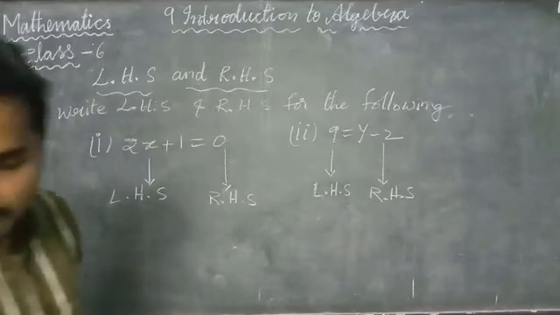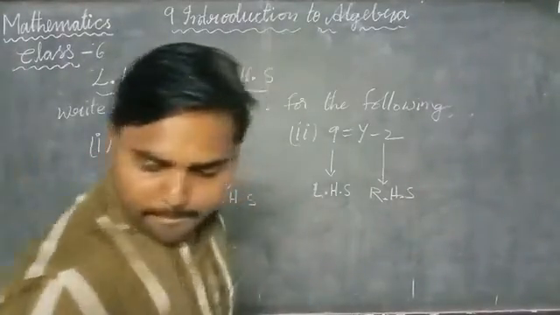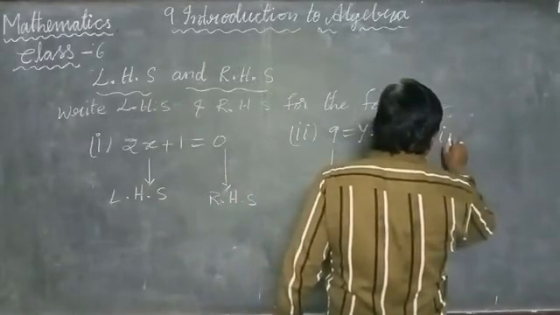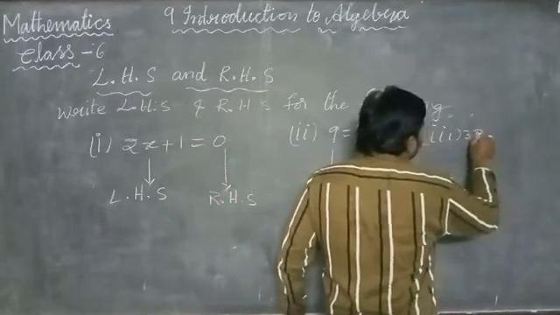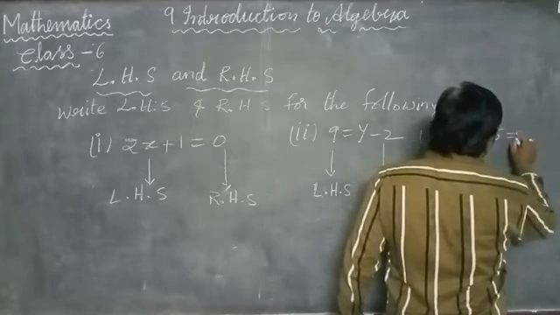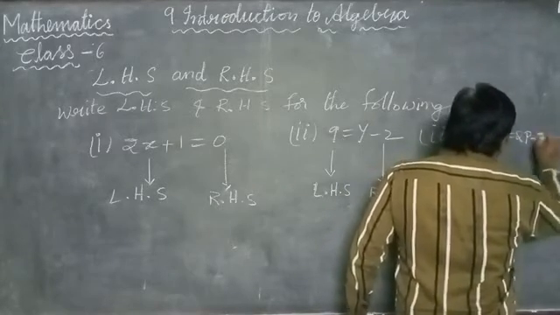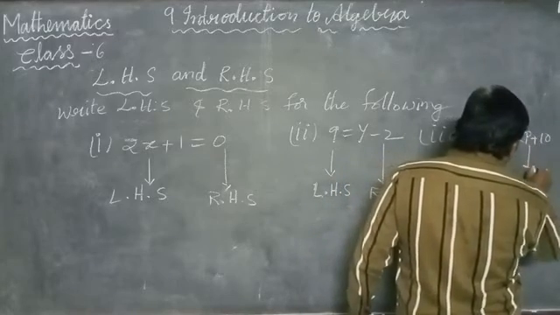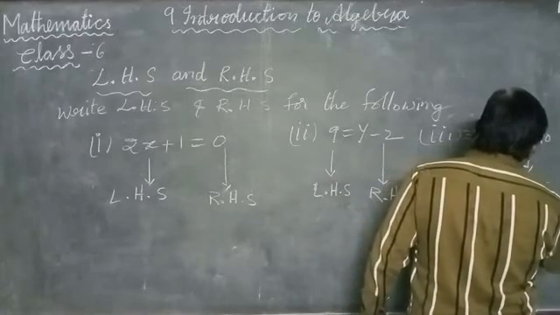And the third one is 3p plus 5 equals 2p plus 10. This is the LHS part and this is the RHS part.